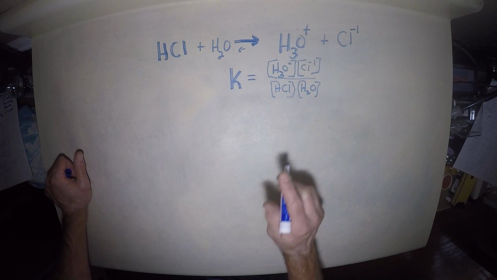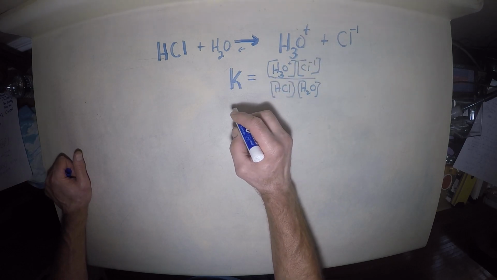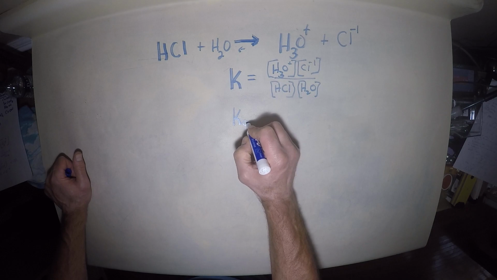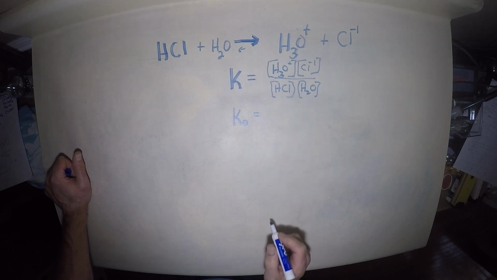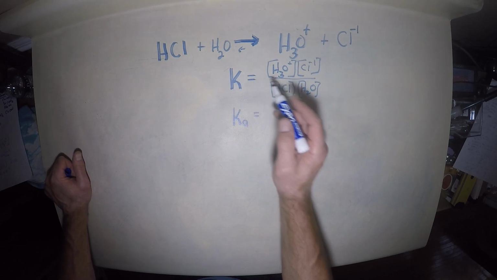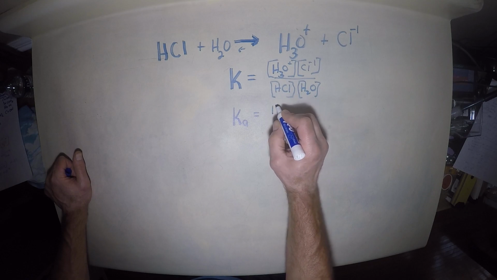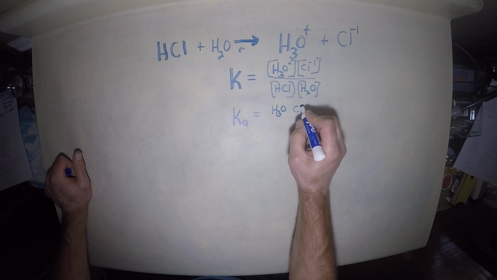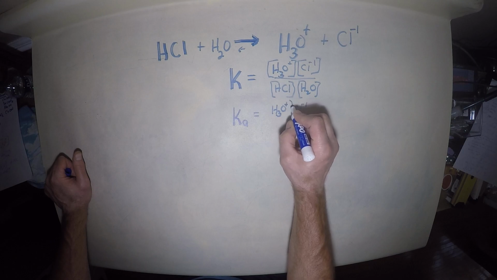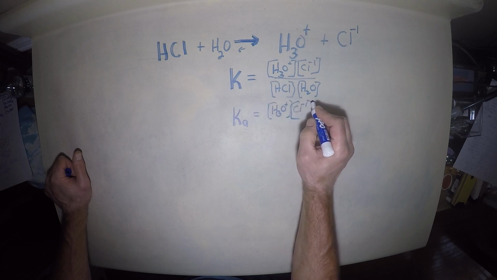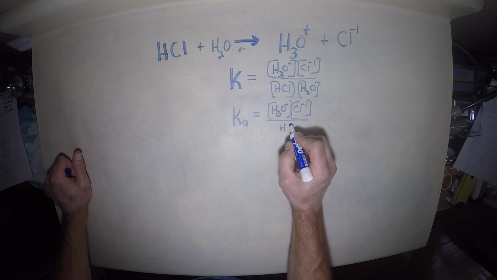And a lot of times we like to make new Ks to make our lives easier. And in this case, the new K we call Ka, for acid. And we shove the molarity of water into it, and thus the Ka expression you'll commonly see looks like that.